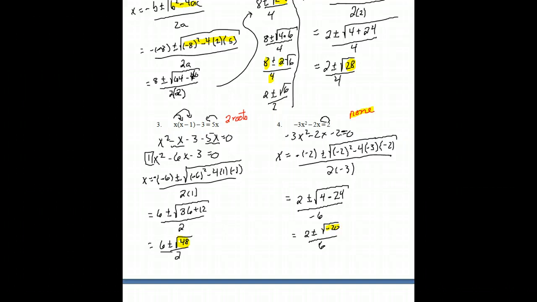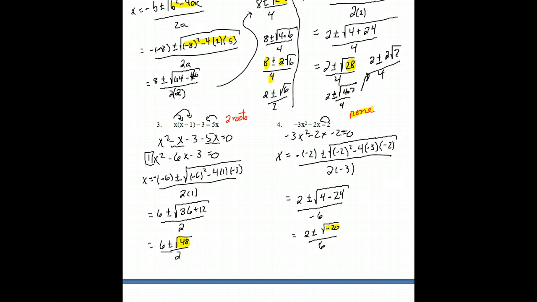factors of 28 are 7 times 4. So 4 is the biggest perfect square in 28. So we look at it this way, 2 plus or minus the square root of 4 times 7, all over 4. And you would have 2 plus or minus, square root of 4 is 2. You can't do the square root of 7.